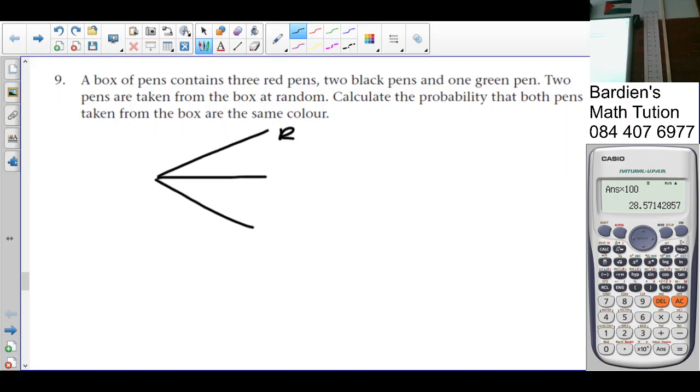You got red, black, green. How many reds do you have? 3 out of 6. 2 black, 2 out of 6. Green, 1 out of 6. 2 pens are taken from the box at random.